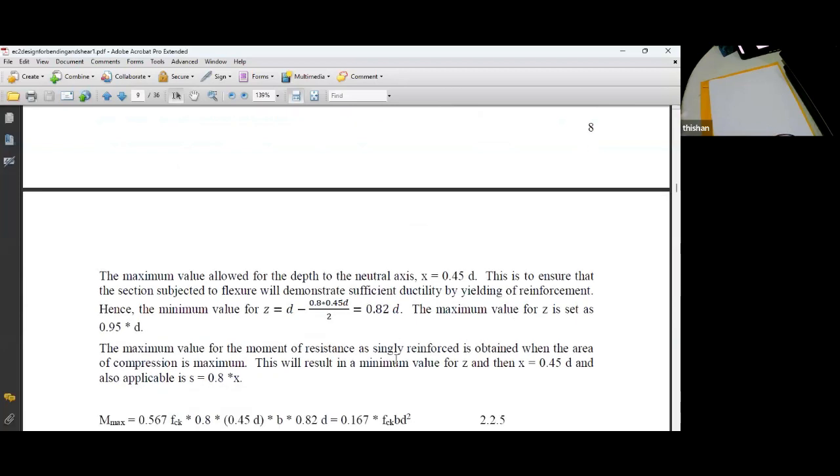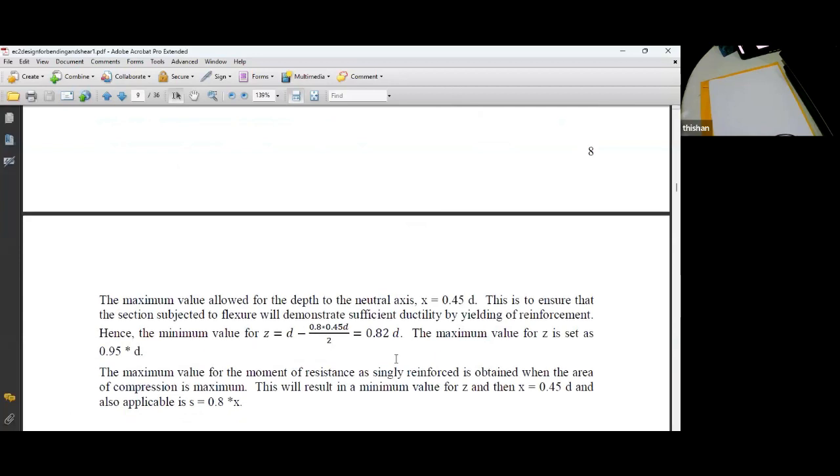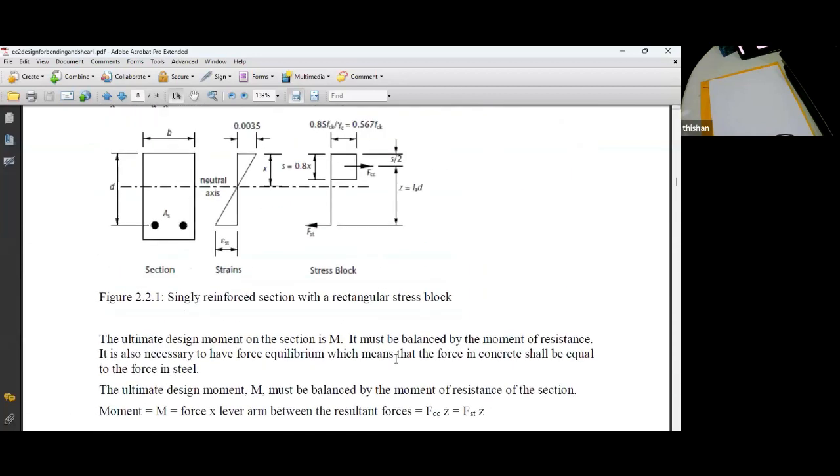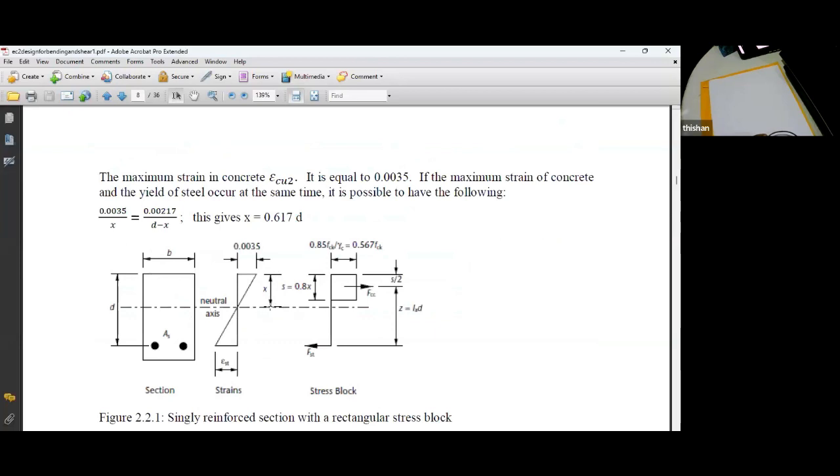So that is the theory. That happens because X has a maximum value of 0.45 D. And last time I explained why we need an X of 0.45 D. Because when this reaches 0.0035, this has to be more than 0.0035. The reason is that we like steel to yield and concrete to crack and give us a warning before it fails.